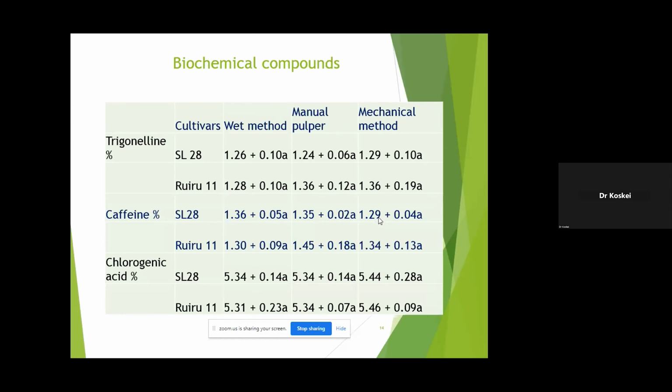The other components that were looked at are trigonelline, caffeine, and chlorogenic acid, and this is the data that was obtained. The processing methods did not show variation in the levels of these components.